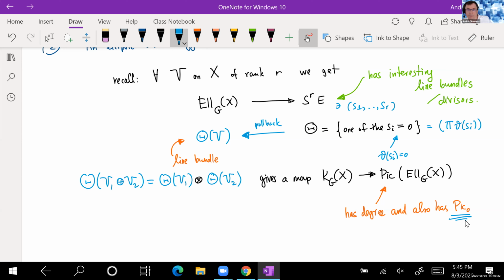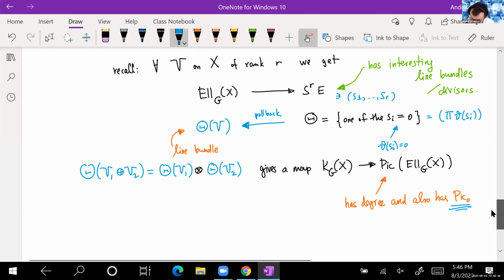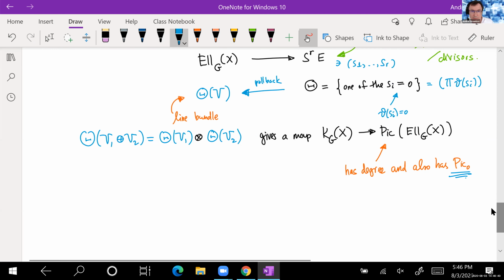It means that you can construct bundles that are not only topologically trivial but algebraically not. Or rather, they're algebraically equivalent to zero, but they're not equal to zero. And what would be the simplest example?